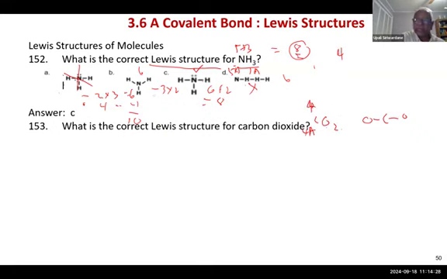Oxygen is 6A, and 6 times 2 is 12. 12 plus 4 is 16. Divided by 2 is 8 pairs. When you connect the atoms, you already use 2 electrons per bond. Now you have to complete the octet.